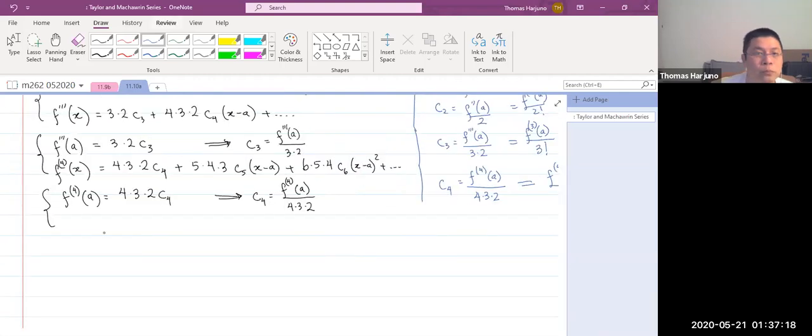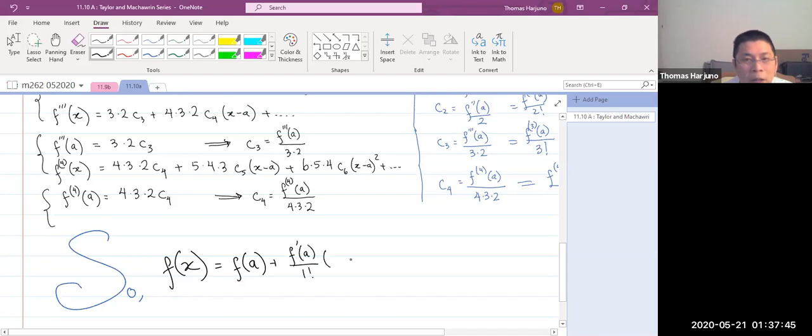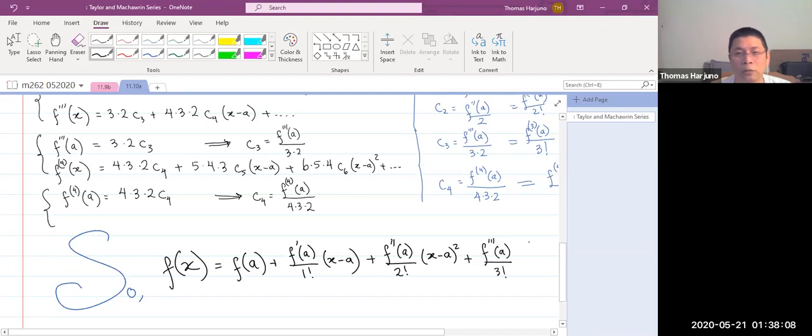So our f(x) now can be represented by c0, which is f(a), plus c1, which is f prime a over 1 factorial times (x minus a), plus the second derivative at a over 2 factorial times (x minus a) squared, plus the third derivative at a over 3 factorial times (x minus a) cubed, and on.